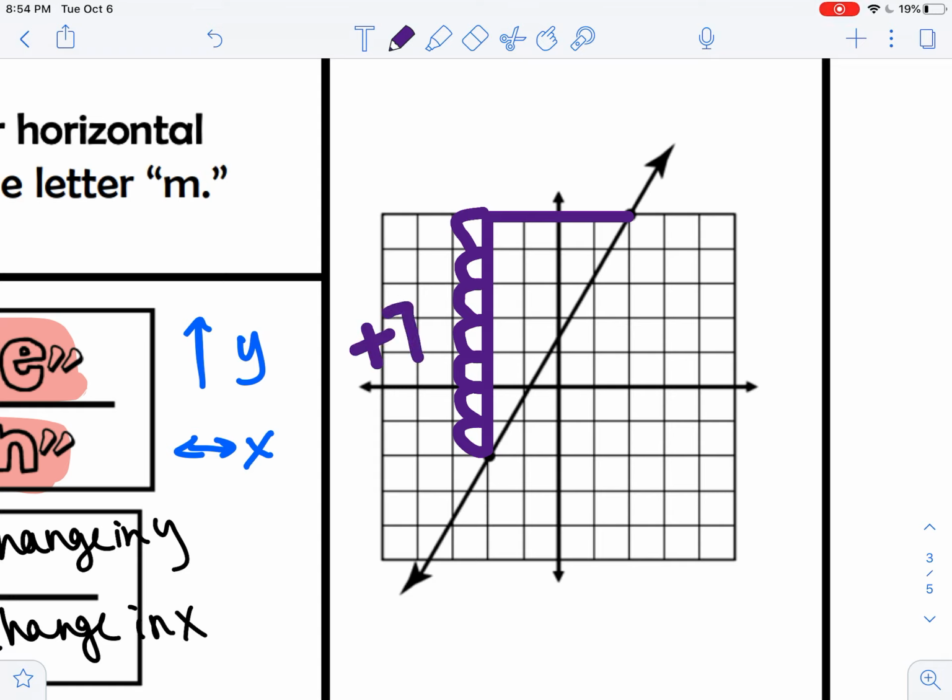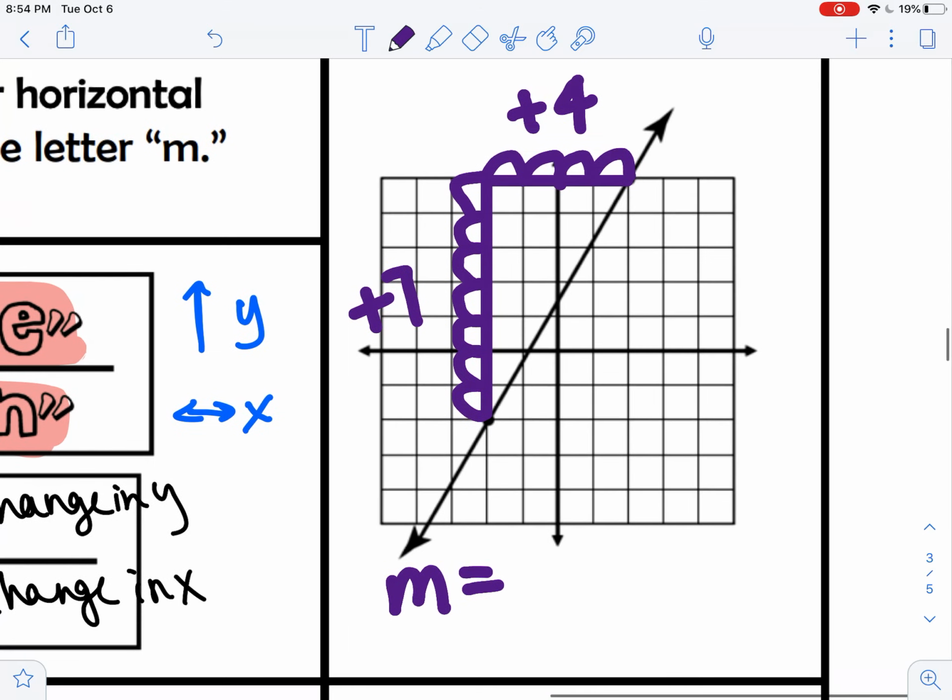So plus 7. And then 1, 2, 3, 4. Now because I went to the right, it is plus 4. So to find our slope, we take our change in y, which is positive 7, divided by our change in x, which is positive 4.